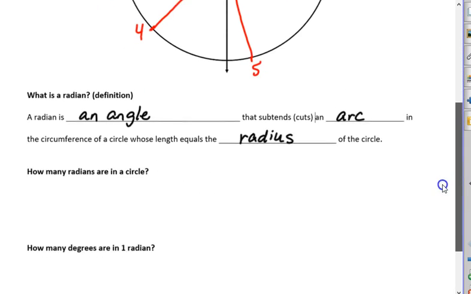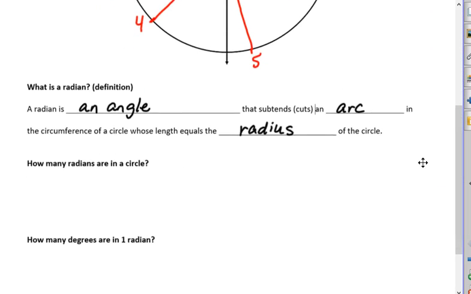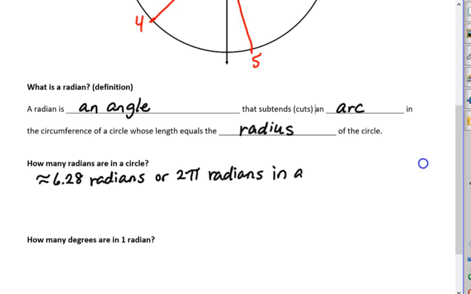You might not have known that you knew this, but think about this thing you learned in geometry. There's approximately 6.28 radians, or 2 pi radians, in a circle. Well, every radian corresponds to 1 radius length. So think of the circumference of a circle.